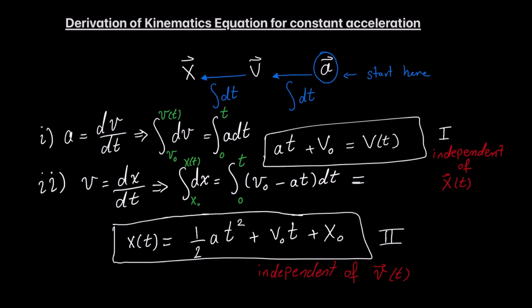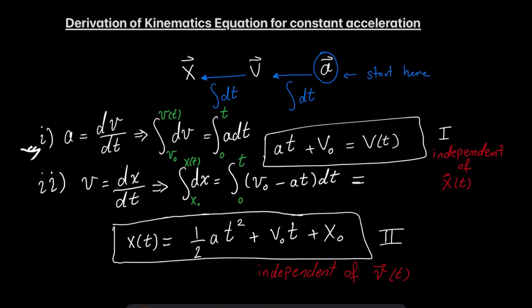By definition of acceleration, we know that a equals dv dt. We can cross multiply essentially and get that dv equals a dt, then integrate on both sides using a definite integral. We can use either definite or indefinite, but in this case we're going to take the definite integral approach.